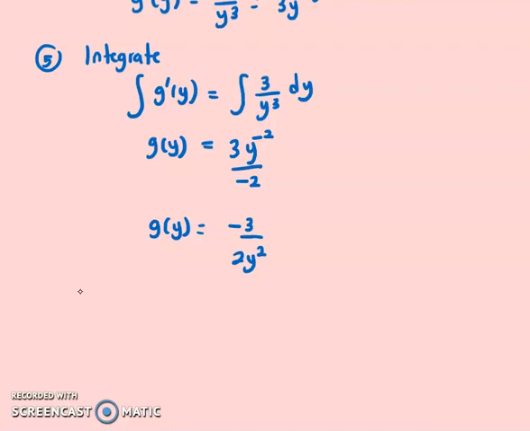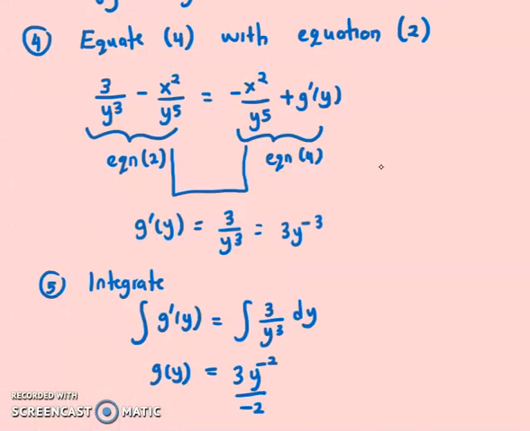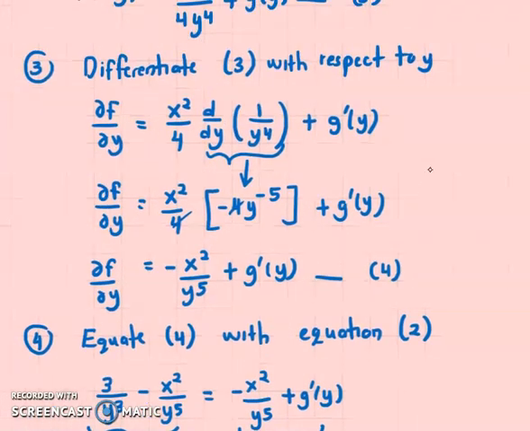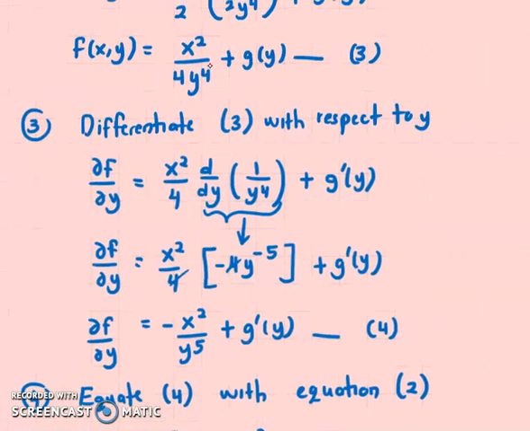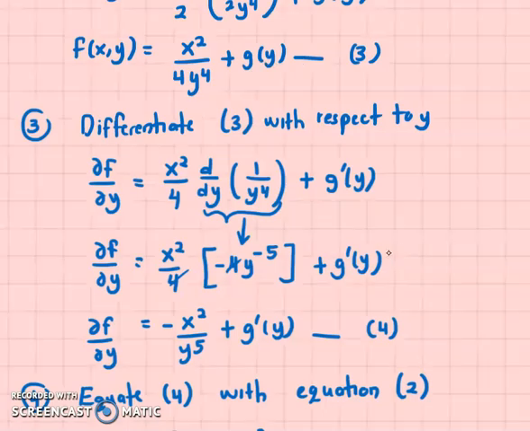Okay, so we are almost at the final step. The final step is, if you look, we have known earlier on our equation 3. So equation 3 is given as this one: f(x,y) equals x^2 over 4y^4 plus g(y). We have obtained the g(y) here.